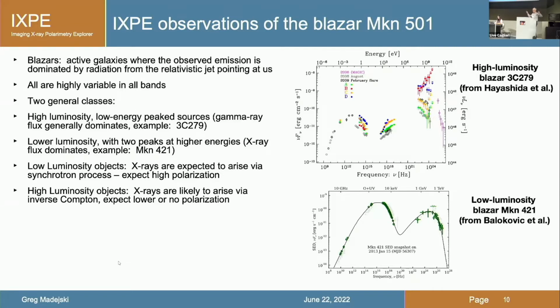And the reason why I'm bringing up the taxonomy is that the expected polarization level would be different in lower luminosity sources versus the high luminosity sources.